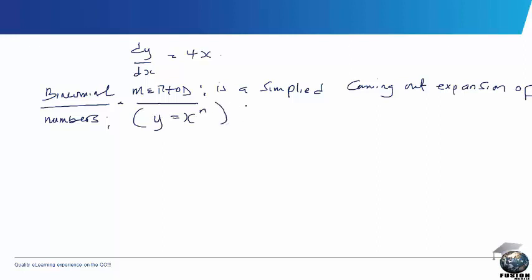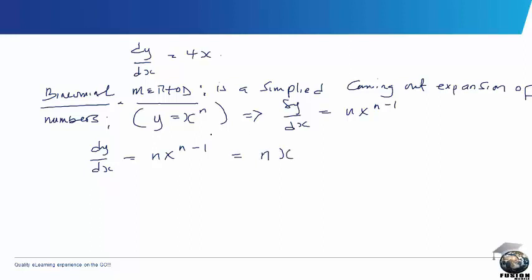Making it easier, the binomial expansion states that this can easily be determined by doing this: n x^(n-1). If you are given y equal to x raised to the power n, the binomial method suggests that you bring down n, and then you have x, and then you subtract 1 from n.